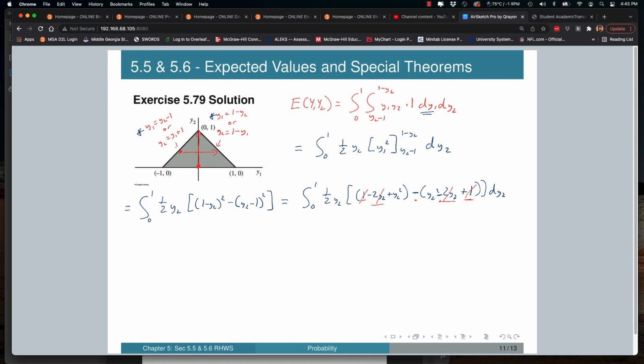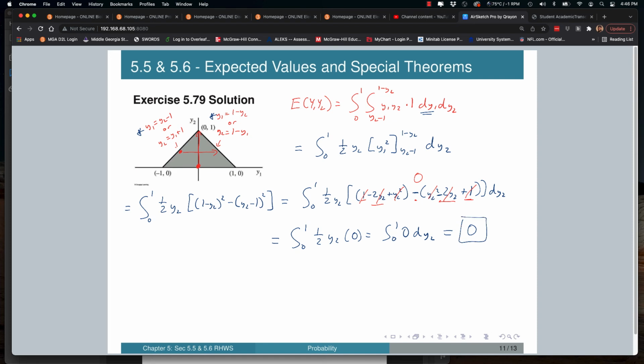And then lastly, I got y sub 2 squared minus y sub 2 squared, which cancel, so this all becomes 0. How nice was that? So we're really integrating from 0 to 1 of 1/2 y sub 2 times 0, which is just the integral from 0 to 1 of 0. And you can't really integrate 0, can you? So the answer to this is 0.